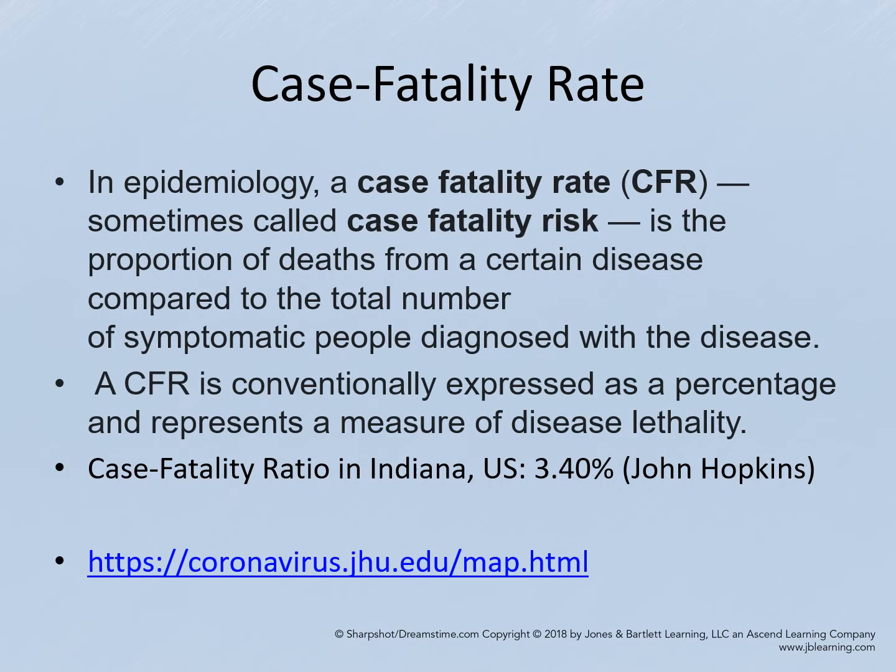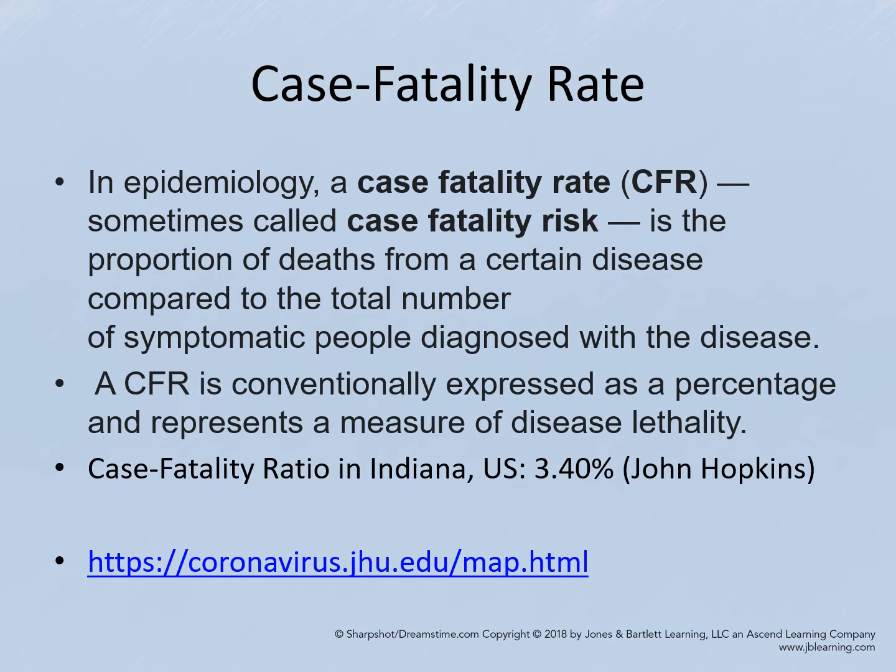Another rate is the case fatality rate. Case fatality rate is the proportion of deaths from a certain disease compared to the total number of symptomatic people diagnosed with the disease. So it is the number of deaths due to a particular disease divided by the number of people who got diagnosed.